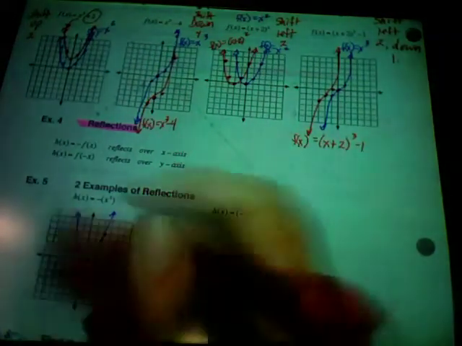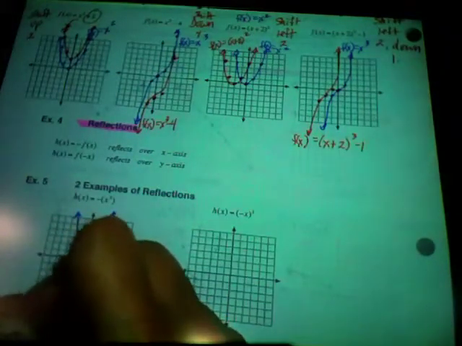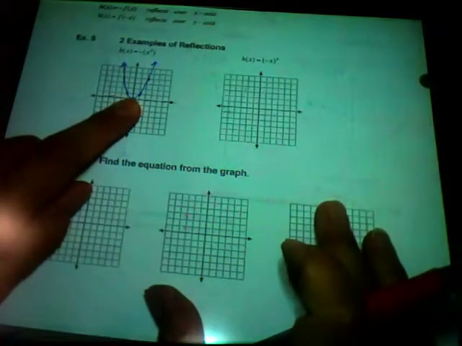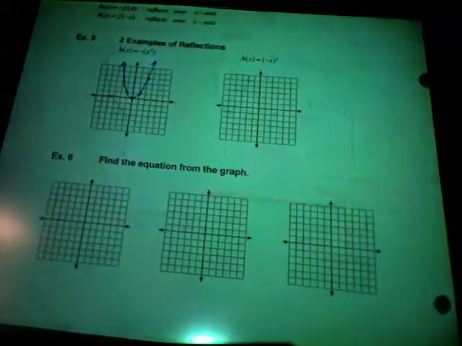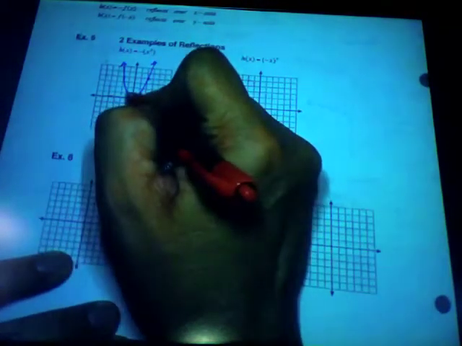For some of you, that should be easy, right? Just look at the distance. Here's your x-axis. If that's your flipping point, how far is 0, 0 from the x-axis? 0. So that means when you reflect something that's sitting on the x-axis, it doesn't move. How far is this point from the x-axis? 1. So go 1 in the opposite direction.